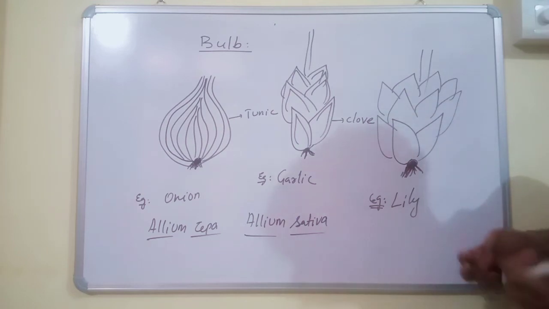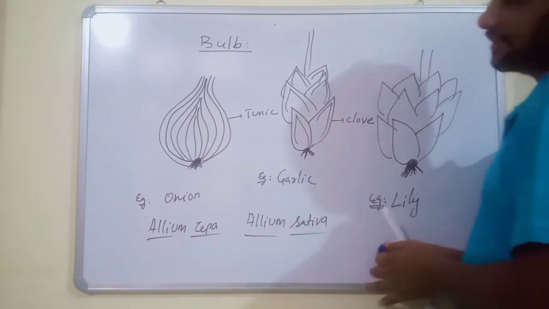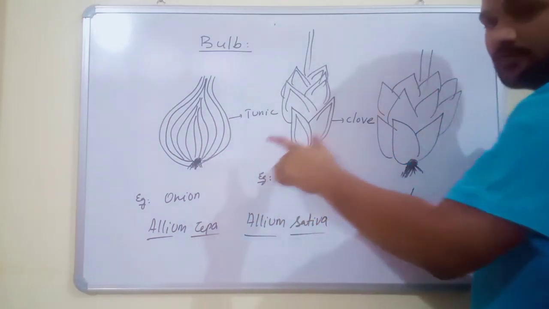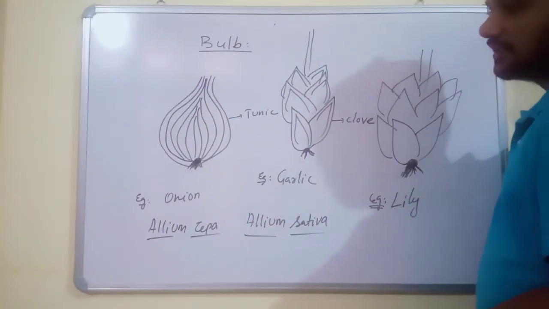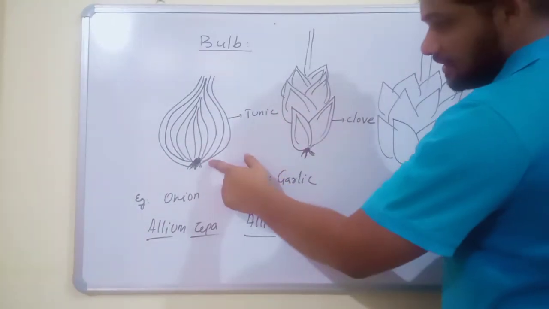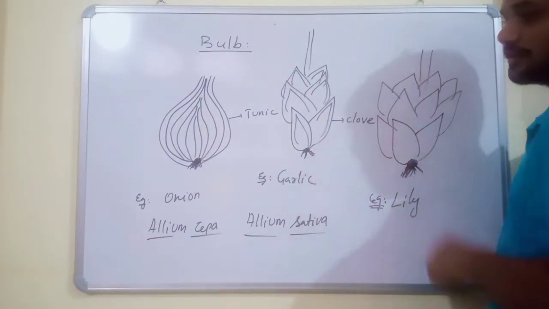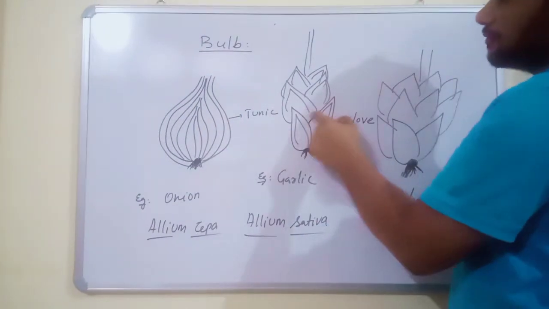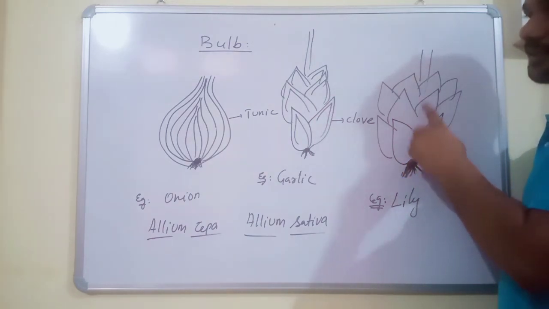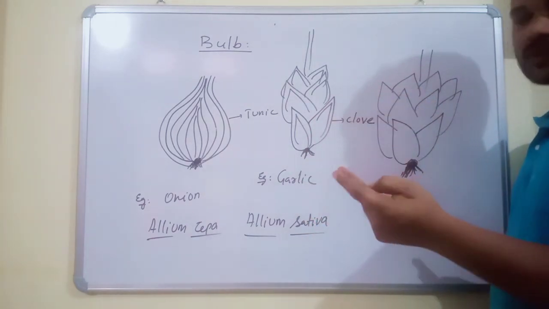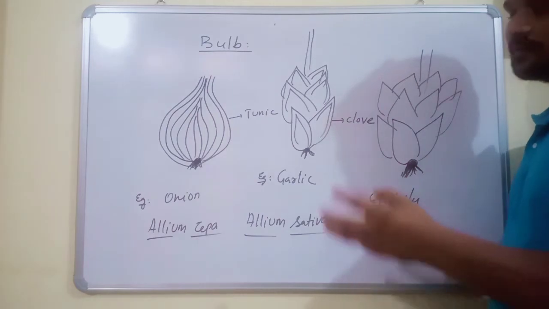So what is a bulb? A bulb is also an underground stem, but it differs from the other underground stem modifications in that the stem does not store the food material, and the leaves store the food material and become fleshy. In the remaining three modifications, the stem stores the food material and becomes fleshy or becomes tubers.